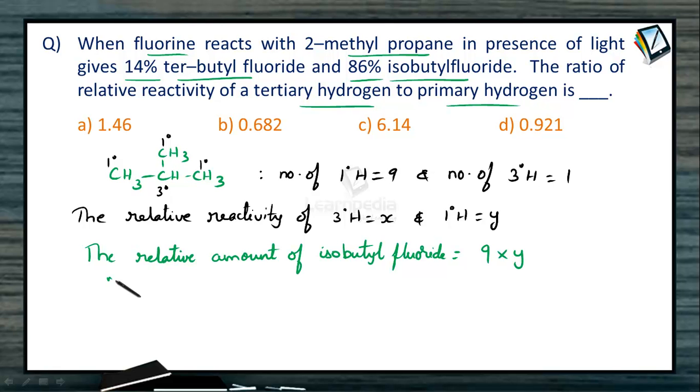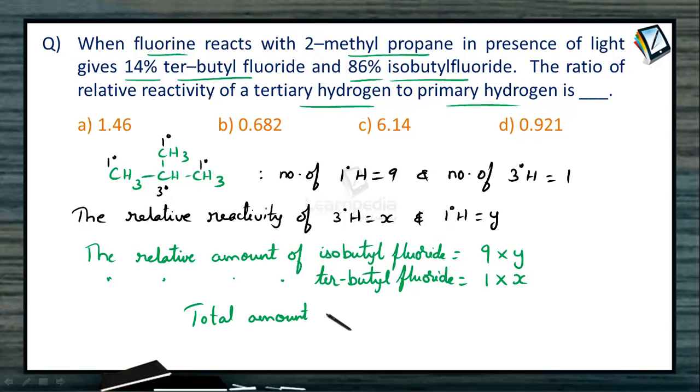Then what will be the relative amount of the second product, that is the tertiary butyl fluoride, which is formed by replacement of the tertiary hydrogen with fluorine? This is equal to the number of tertiary hydrogens, that is 1, multiplied by its relative reactivity, that is X. Then the total amount of both these products is nothing but 9Y plus X. So once you know the relative amounts as well as the total amount, definitely we can calculate the percentage of that particular compound.